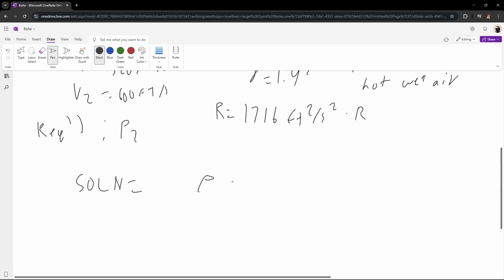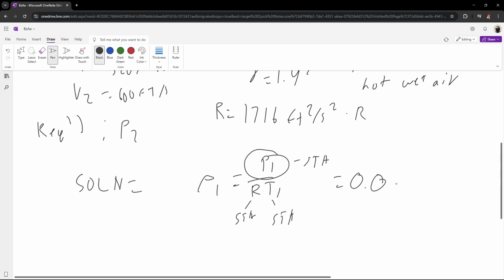Density is rho equals P over R T. But since our pressure 1 is standard atmospheric, we can assume that rho 1 is also standard, which is 0.002377 slug per cubic foot.